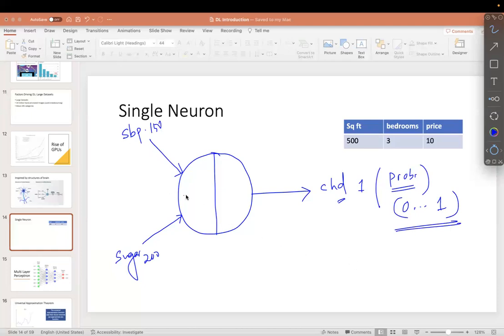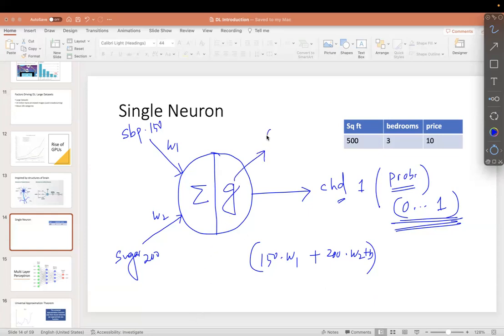So in this case, when you do a summation function with W1 and W2, we'll say 150 multiplied by W1 plus 200 multiplied by W2 with some amount of bias. Now this value has to be transformed in such a way that the output will always remain between 0 and 1, right? So I have to moderate the output through an activation function. And we know there's a function called the sigmoid function. Whatever input you give, it will always moderate that signal to between 0 and 1.